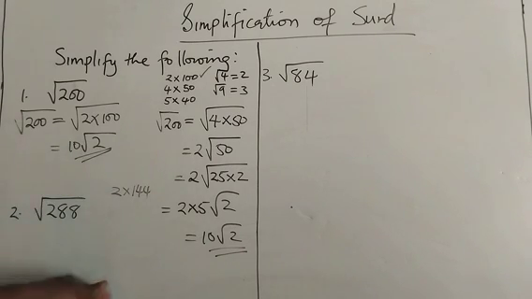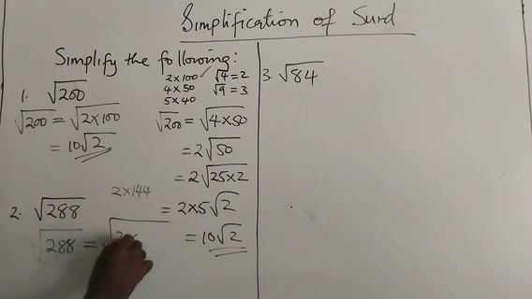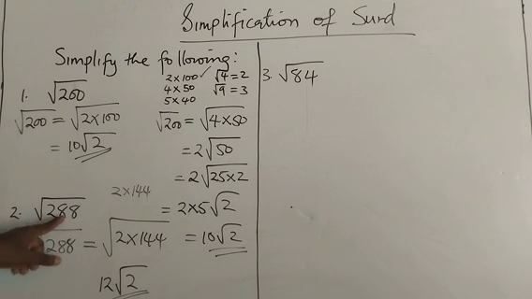So there is no need going down. We will choose this combination. Using this, root 288 is equals to root 2 times 144. 144 being a perfect square, it simplifies, comes out as 12 root 2. And this is the simplest form of root 288.